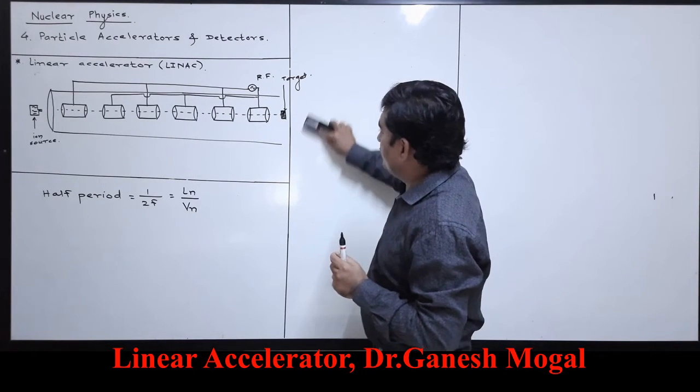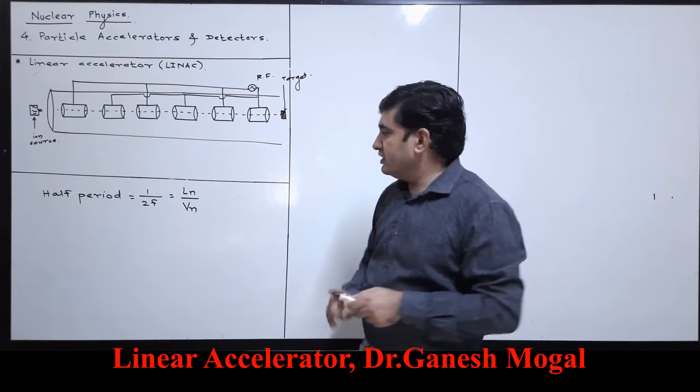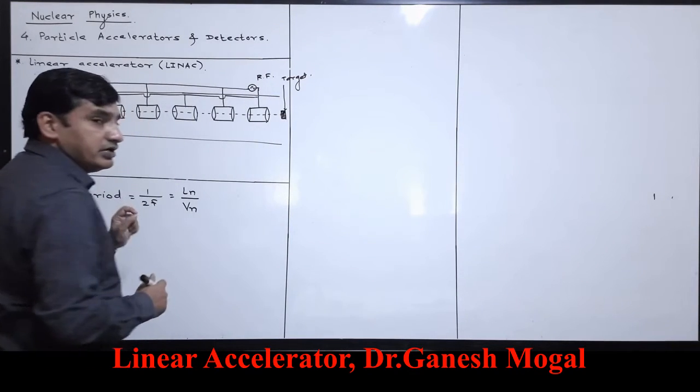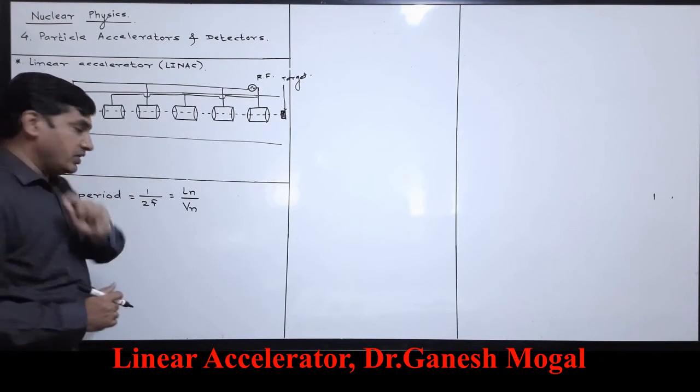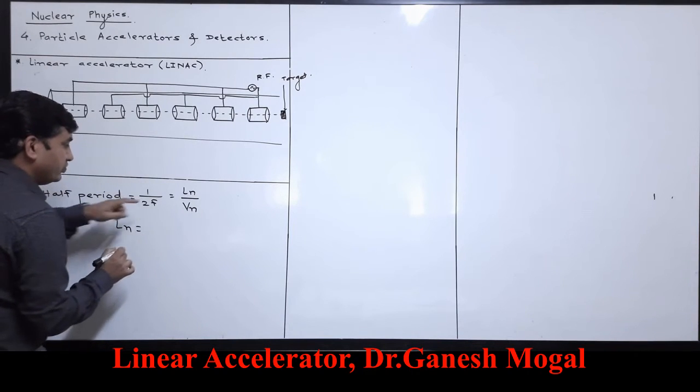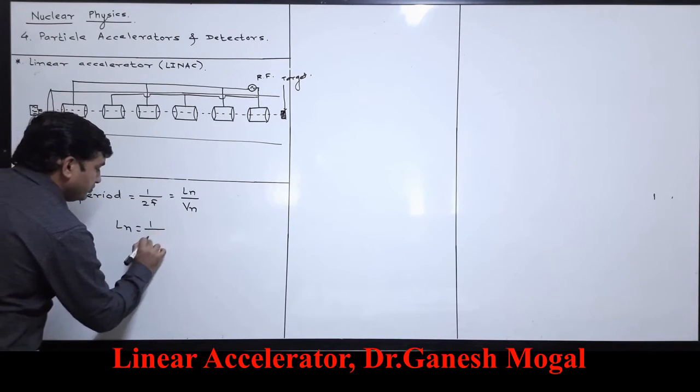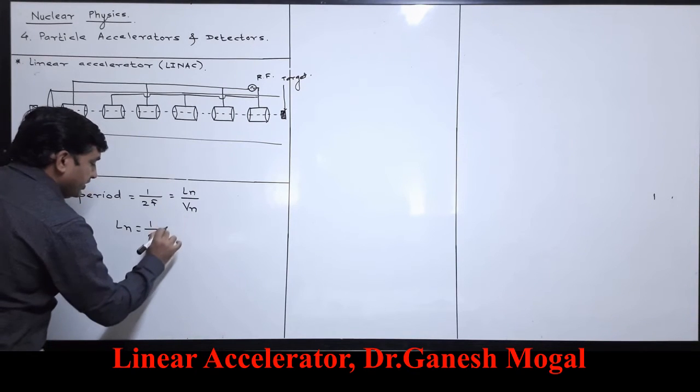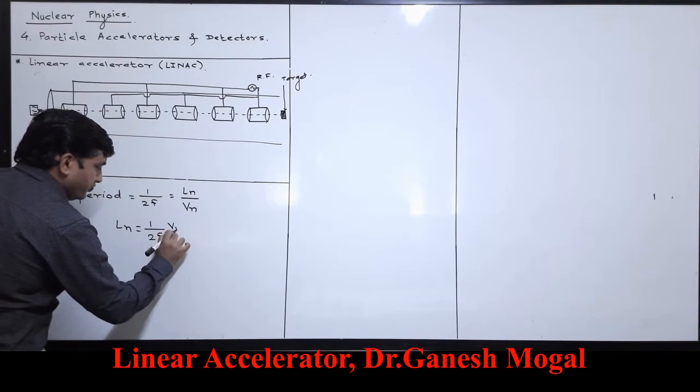Now we have to find the length of the nth electrode, and therefore ln is equal to 1 upon 2f into Vn.